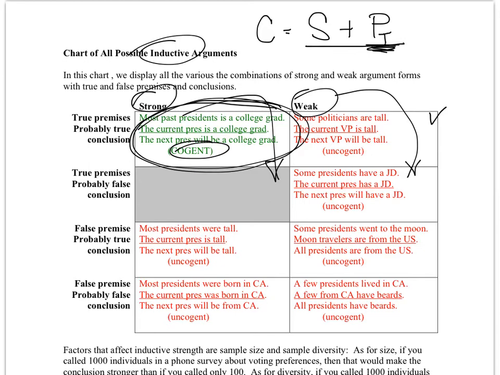The reason why this is a weak inductive argument is because it uses the word some. If you use the word some, it doesn't give you great confidence that the conclusion is going to follow, or a great deal of support for the truth of the conclusion. So it's possible that the conclusion could turn out to be false, even though, for all we know, the conclusion could turn out to be true.